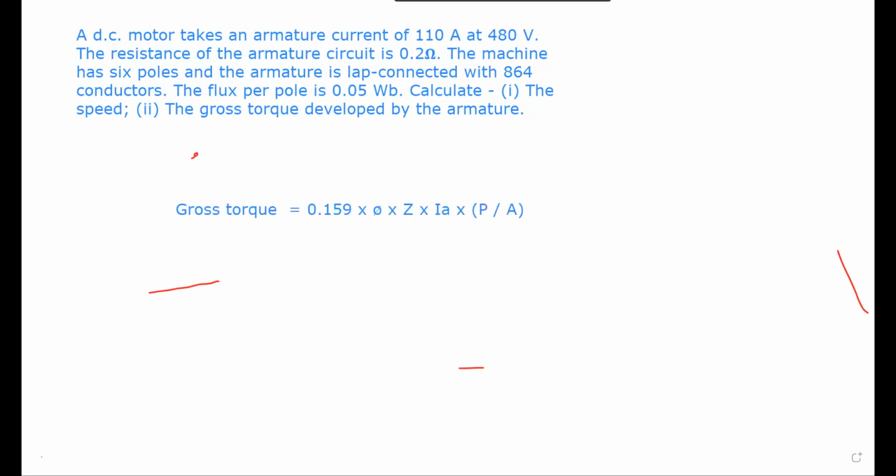We are going to discuss this formula in detail. For the time being, you write down the formula.